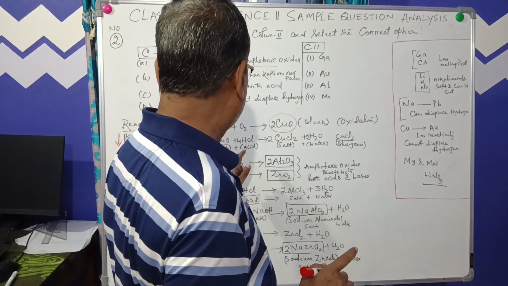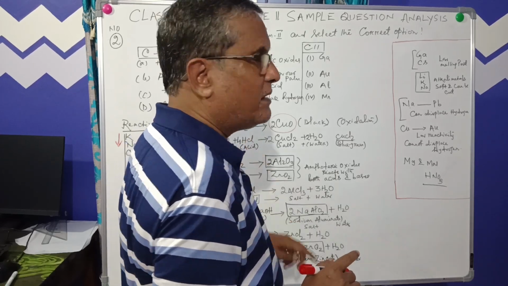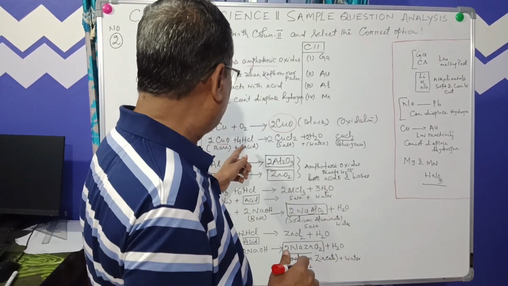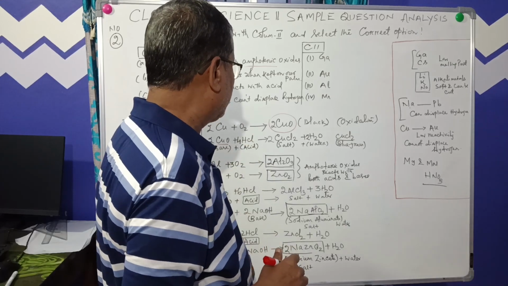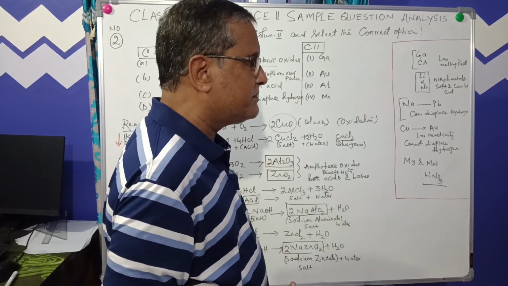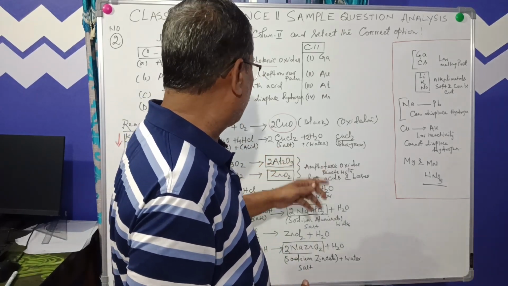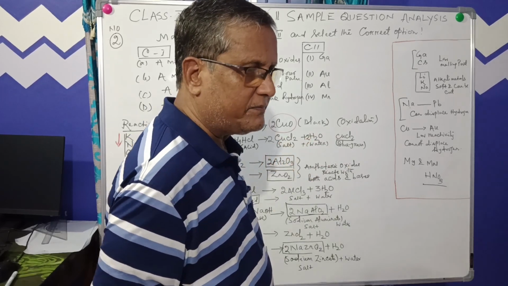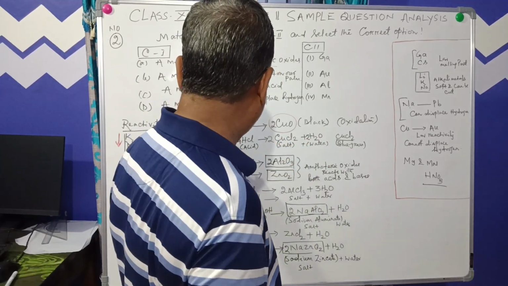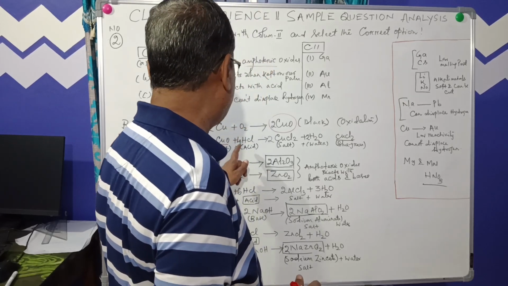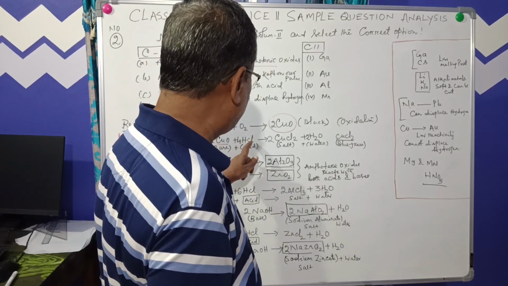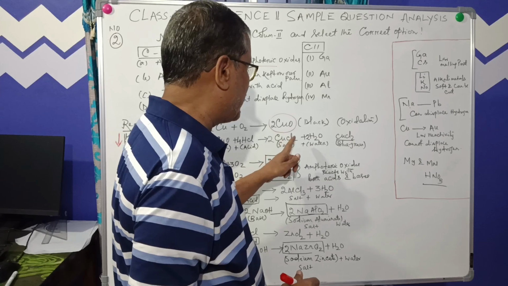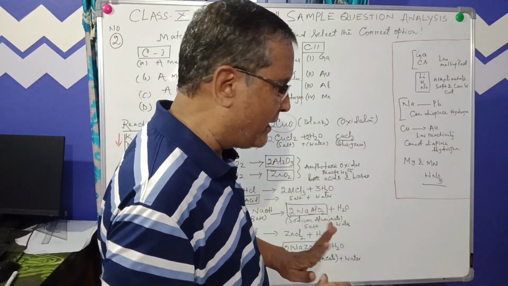Copper 2 oxide reacts with hydrochloric acid. What are the products? Salt plus water: copper chloride and water. 2 molecules of copper oxide and 4 molecules of hydrochloric acid give 2 molecules of copper chloride and 2 molecules of water.